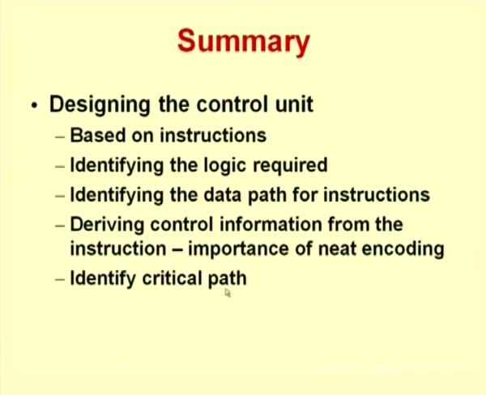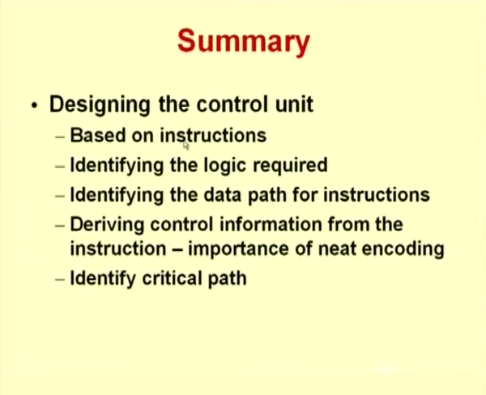To summarize, what we have looked at in today's lecture is basically how the control unit can be designed. We have seen that the control unit design is based on the instructions that we choose. Of course, we have taken a very simple set of instructions here.